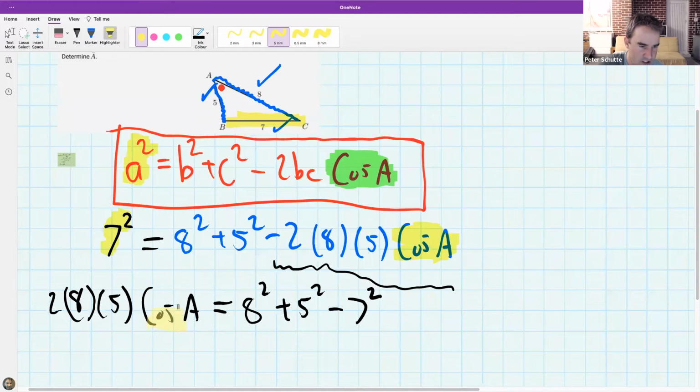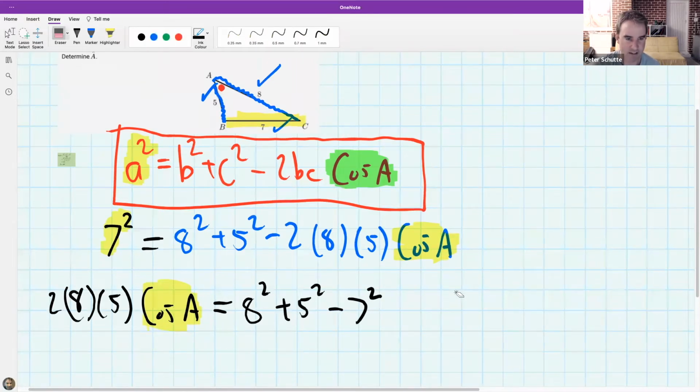Give me a thumbs up in the chat if you see what I've done there, because I don't want to lose you. This is going to get easier later in the lesson, but are you following what I'm doing? I'm trying to get the cos A by itself. So I moved the entire term to the other side, and then I moved the 7 squared across.